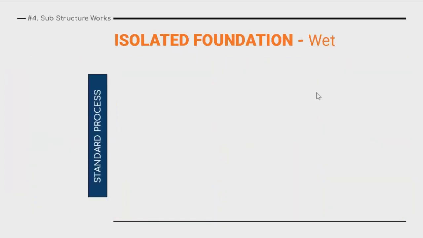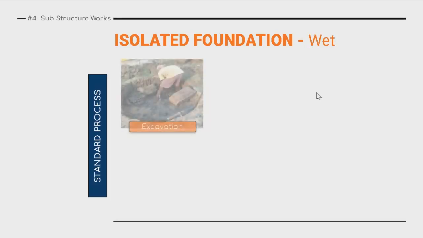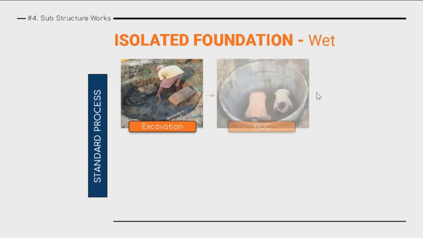For wet condition we have a different set of processes, right? In here what you have to do is excavate the topsoil. Maybe the water stagnant condition will not always be at the top, but initially we just excavate the topsoil. Maybe after 1 foot you may find the water table. We found the water table here.